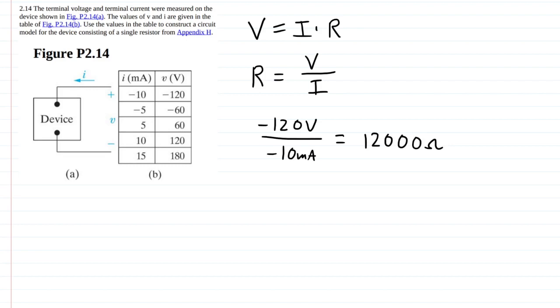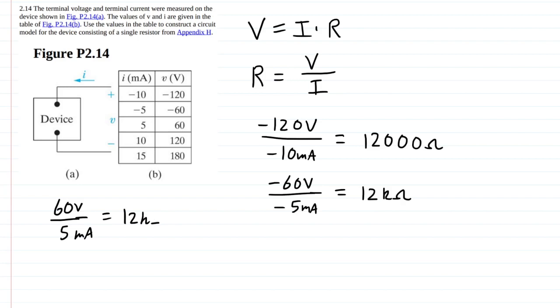For case 2, we have negative 60 volts by negative 5 milliamps, which gives 12 kilo ohms, the same value written as kilo instead of thousands. 60 volts divided by 5 milliamps is 12 kilo ohms. 120 volts divided by 10 milliamps is 12 kilo ohms.